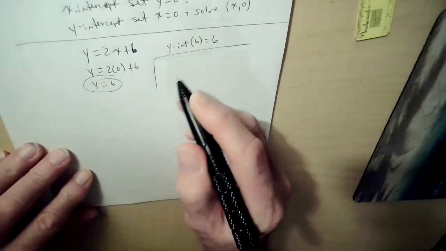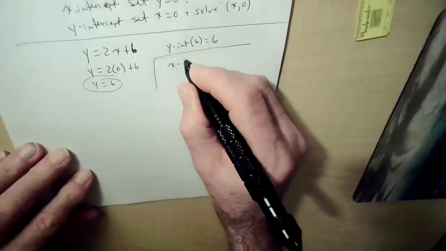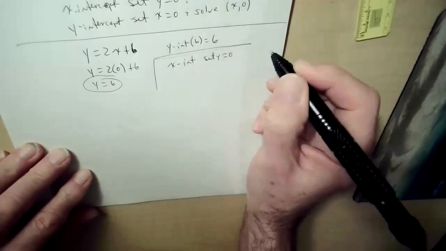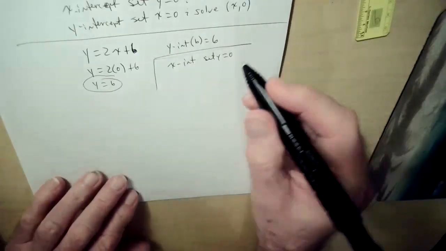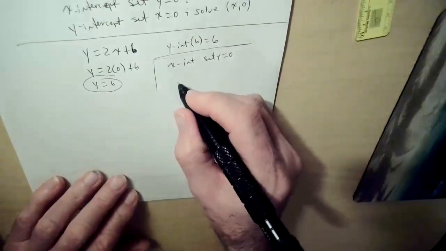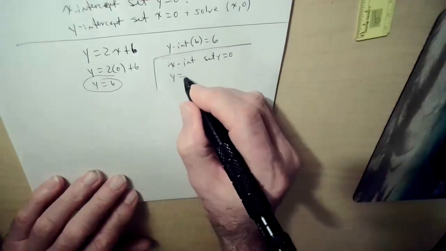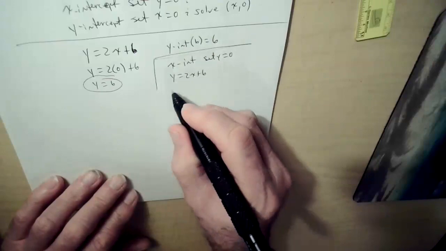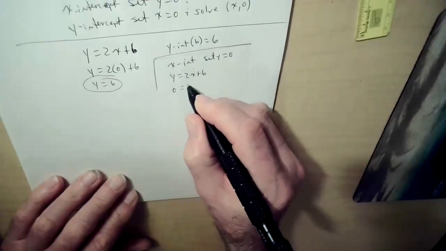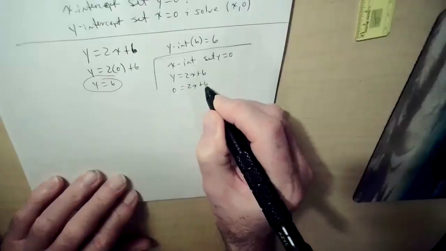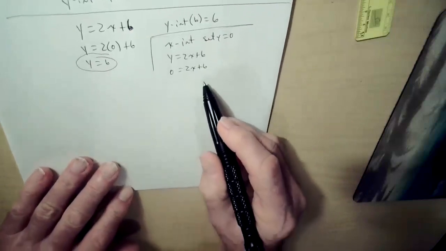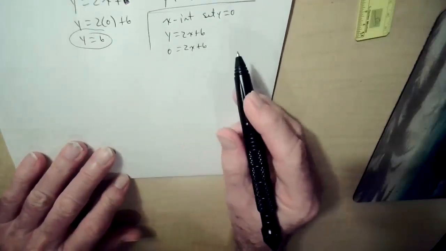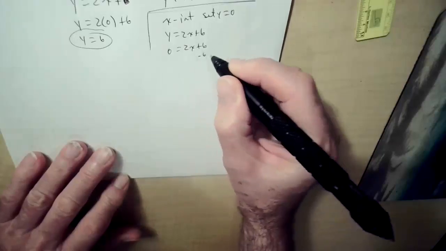Now to find the x-intercept, set y equal to 0 and solve the equation. So y equals 2x plus 6. Set y equal to 0, so 0 equals 2x plus 6.